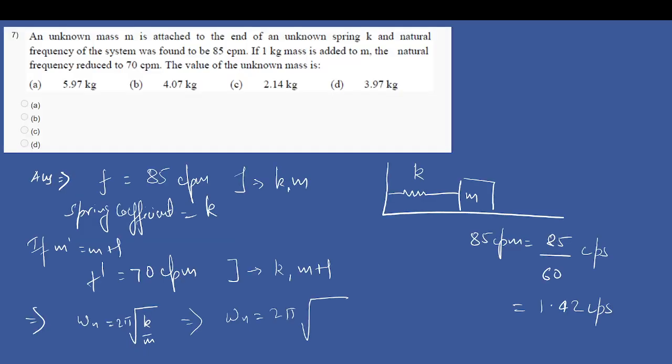So we are first talking about the frequency.